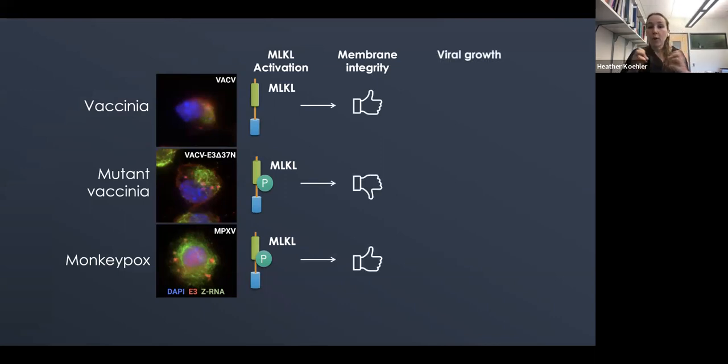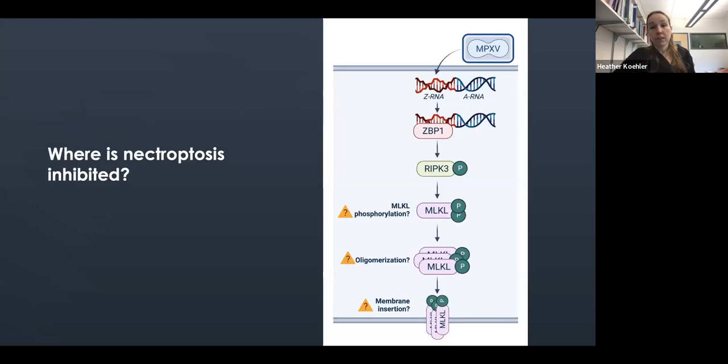So it's not undergoing that cell lysis event, and the virus is still able to replicate and grow fine, even though it's producing Z-RNA. MLKL, the last step of necroptosis, is getting phosphorylated, but we don't lose the membrane integrity, so the virus still survives.